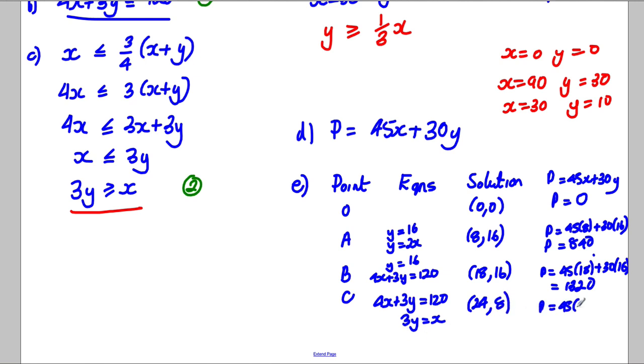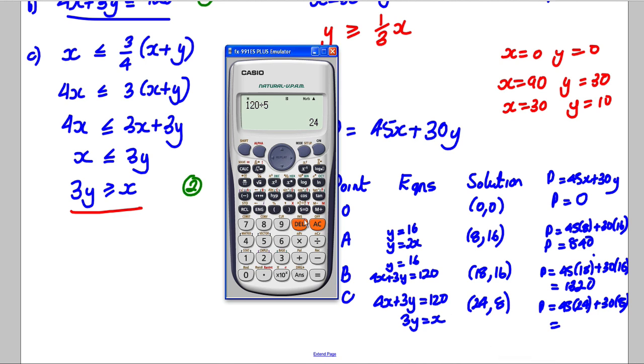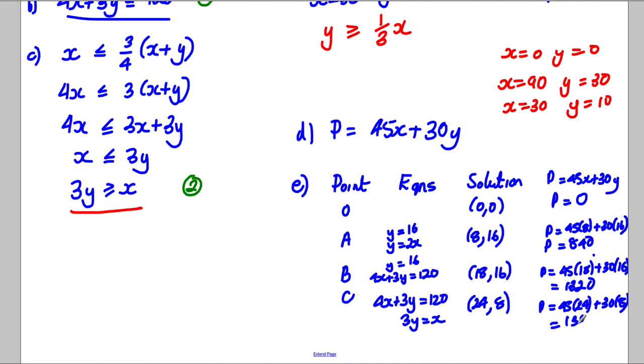So it'd be 45 multiplied by 24, add 30 multiplied by 8, and we get 1320. So 1320 for this one here.